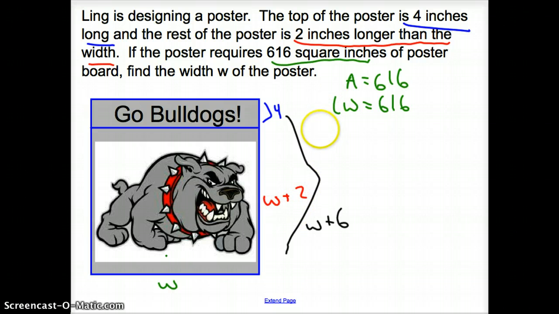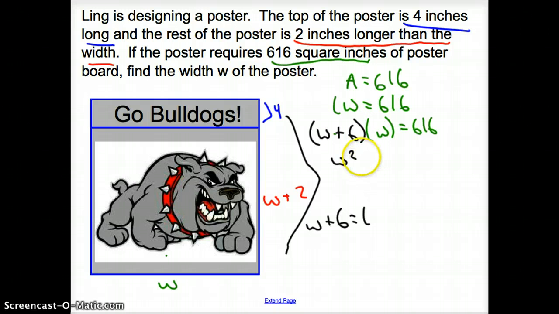So now W plus 6 is my length, and that's going in for my L, and then we have this W down here, which stands for my width, and that all equals 616. Well, now what do we have to do with this? We have to multiply this through to get W squared plus 6W equals 616.